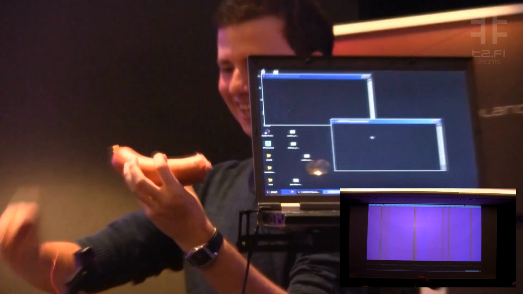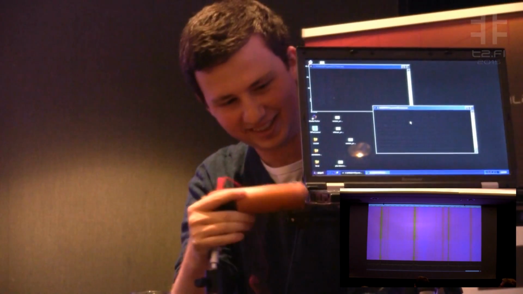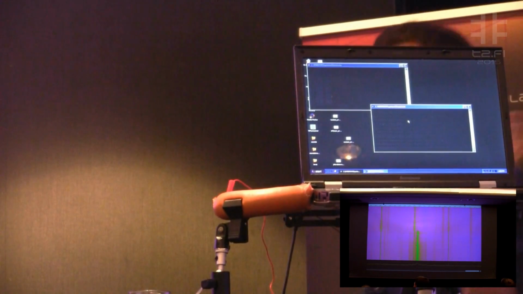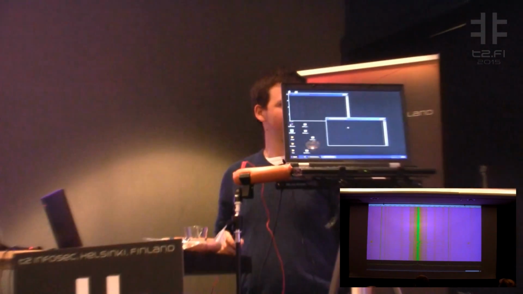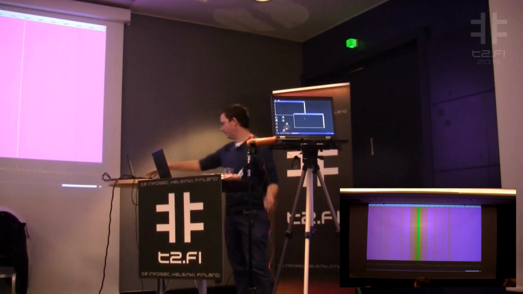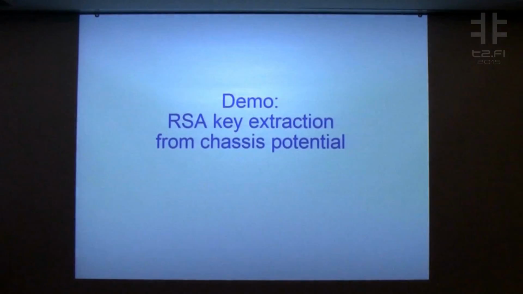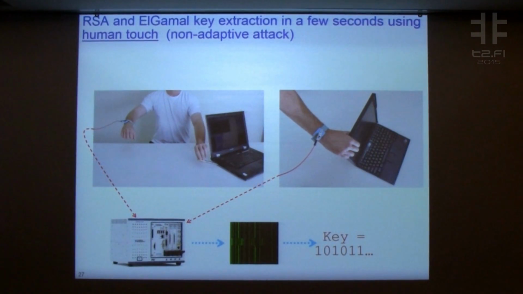Now I'm going to stick this probe inside it, place it here and stick it inside the computer. And you see the signal is here. We can extract the secret key once again, but we don't have time for that, so let's go on. Here is the touch demo as I demonstrated to you.